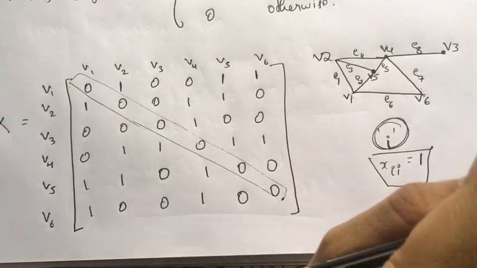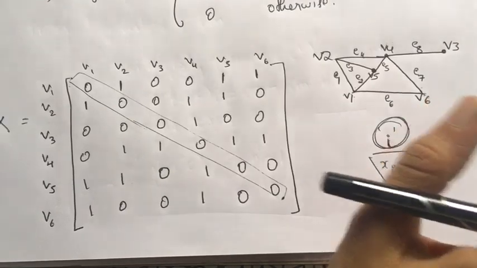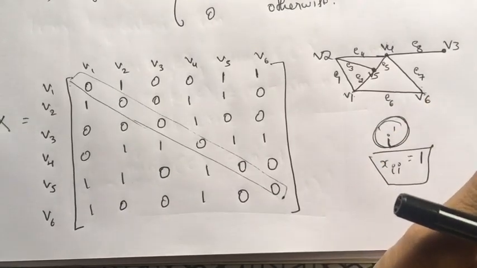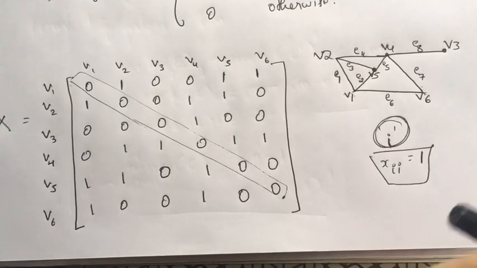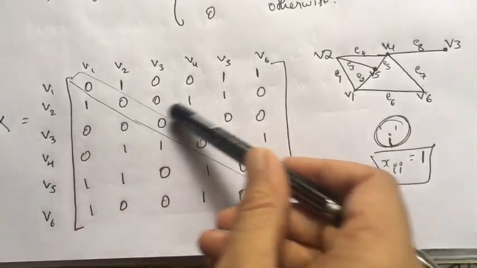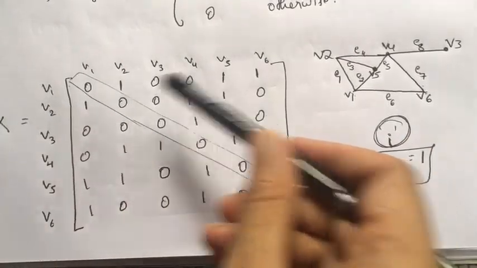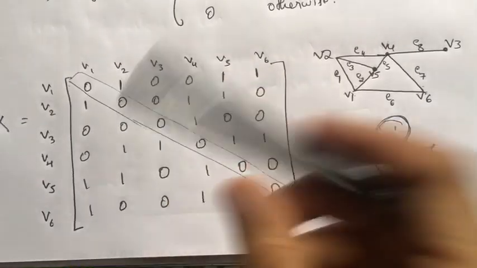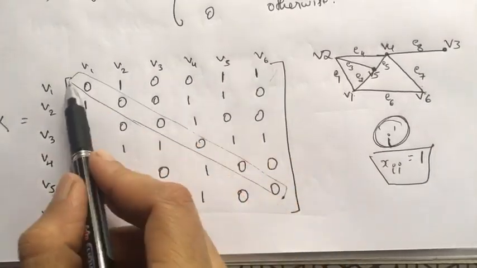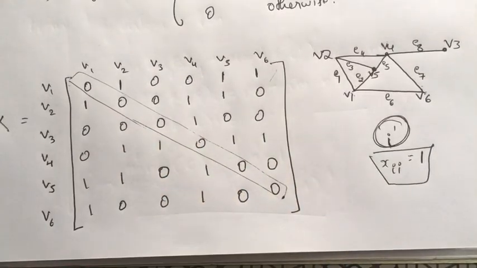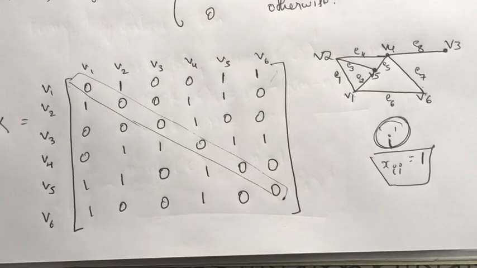If the graph has no self loops, of course no parallel edges, then the degree of the vertex is equal to number of ones corresponding to the particular row or particular column. Number of ones gives you the degree of the particular vertex.